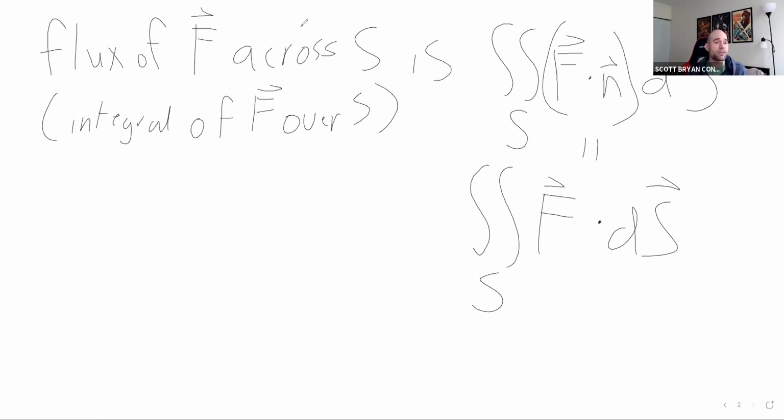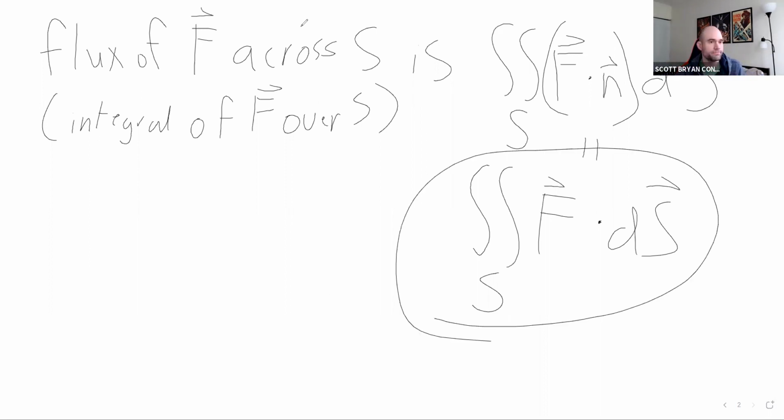And we think of d vector s as the positive unit normal vector times ds. This is probably the way we see it written more often. So that's the integral of f across S, vector field f, or you could say the flux of f.